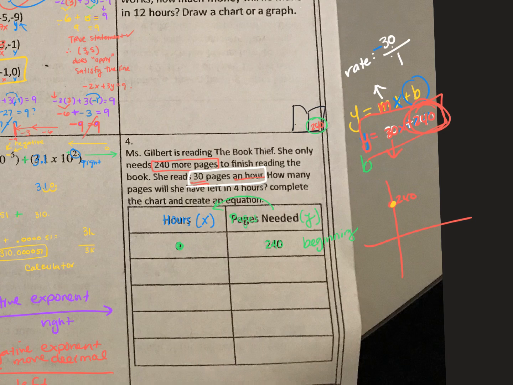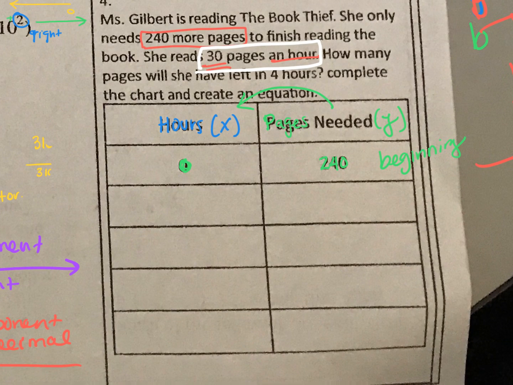So shouldn't your pages be going down for every hour? So here's 0, here's 1, 2, 3. For every time that you read, you're going to have less and less pages. So let's go ahead and do this. If you don't read your book, you just leave it closed, how many pages are in your book?